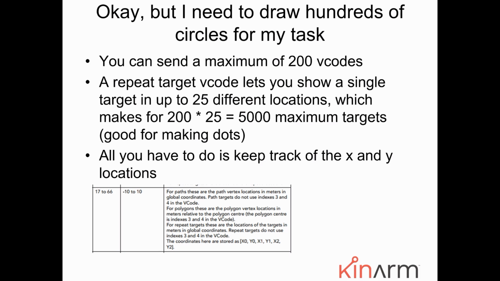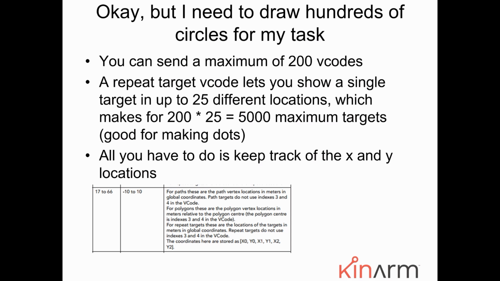Okay, but I need to draw hundreds of circles. Here is where I started to hit some boundaries. You can send a maximum of 200 V-codes. A repeat target V-code lets you show a single target in up to 25 different locations, which makes for 200 times 25, 5,000 maximum targets, which is good for making dots.